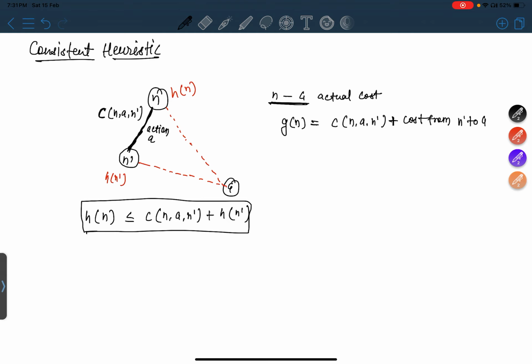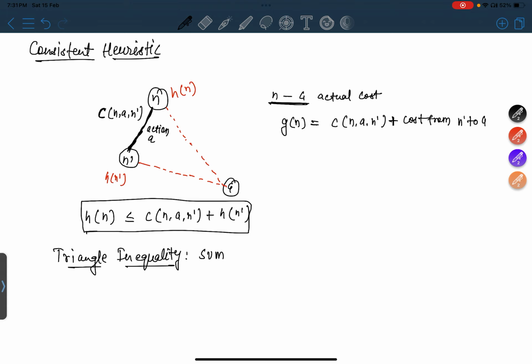Okay, why? Because if you talk about triangles, triangle inequality you must have heard, right? What is triangle inequality?